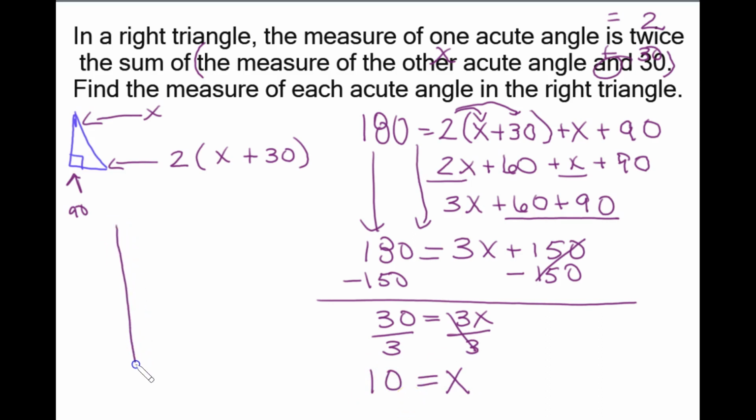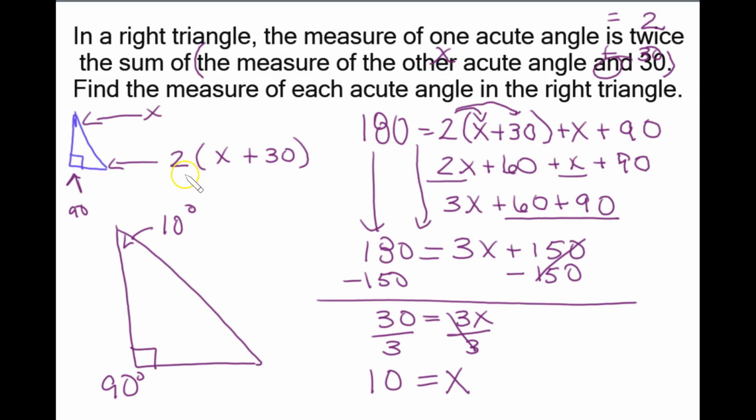So now that I have 10, I'm going to draw my triangle just a little bit larger here. We already established that this is a 90 degree angle. We said x was 10, so therefore this angle is 10 degrees. Now just by looking at it, if the sum of a triangle is 180 and this right here is 100, I should plug in my value for x and this should equal 80. Let's see if it does.